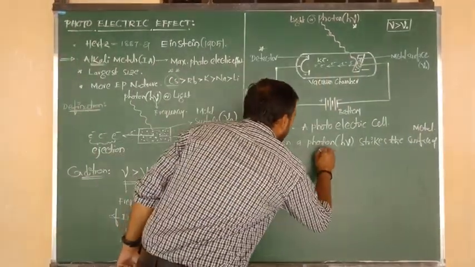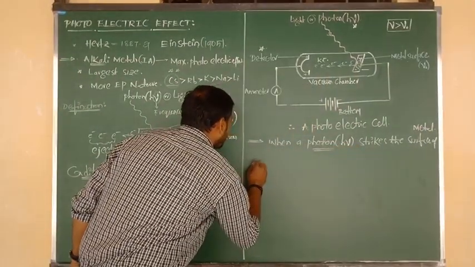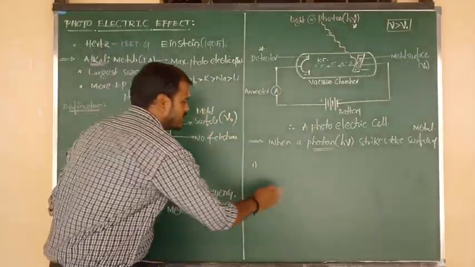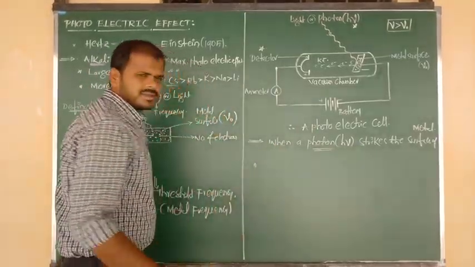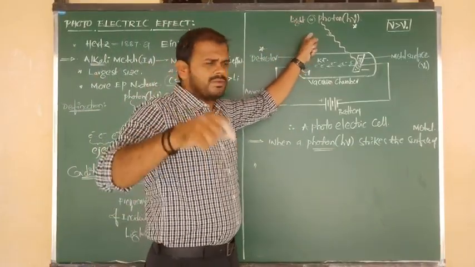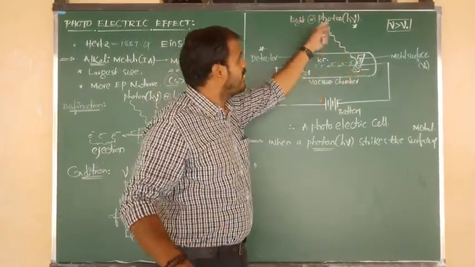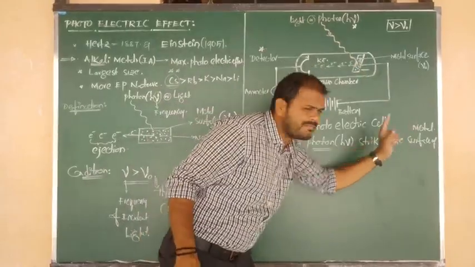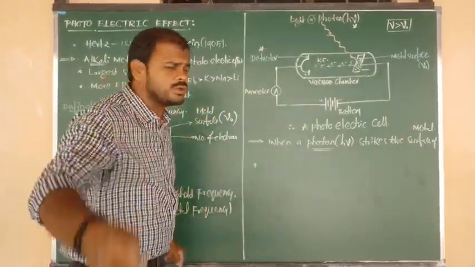Okay, you have to be focused here clearly. Number 1 change I am going to tell you now. When a photon or light with suitable frequency is incident on the surface of metal, causing striking on the surface of metal, in that case, what are the two changes?